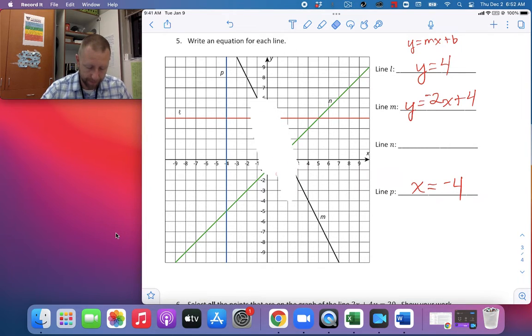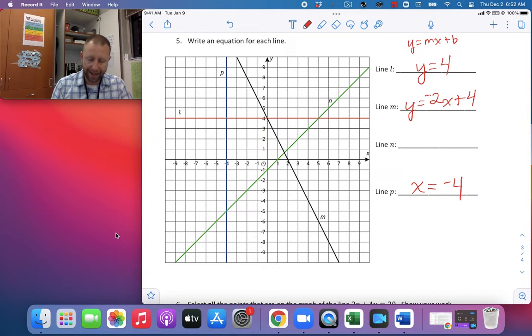For the other one, for line N, that's this line right here, this green line. It has a positive slope. Looks like it crosses the y-axis right here at -1. So that's going to be my b, is -1. But I need to find the slope. So let's pick 2 points. I'm going to use that as one of my points.